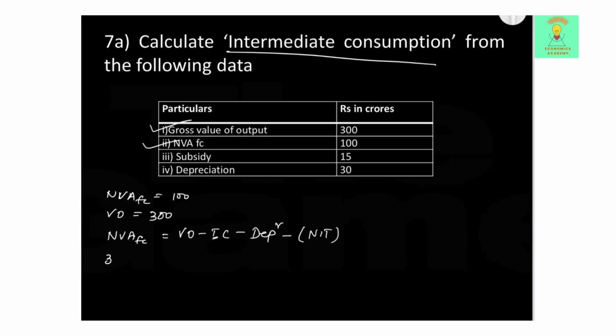So 100 equals value of output, which is 300, minus intermediate consumption, which is not there, so we'll just leave it like that, minus depreciation, which is given here as 30, minus indirect tax, which is not given, so we'll put that value as 0, minus subsidy, which is given, that is 15.